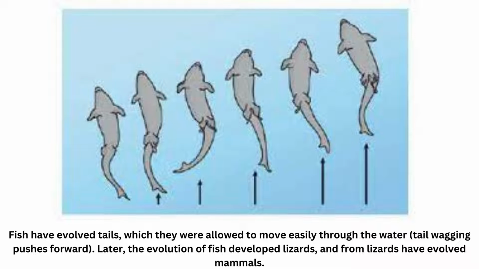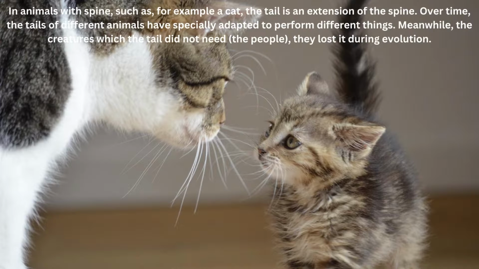Tail wagging pushes forward. In animals with a spine, such as for example a cat, the tail is an extension of the spine.